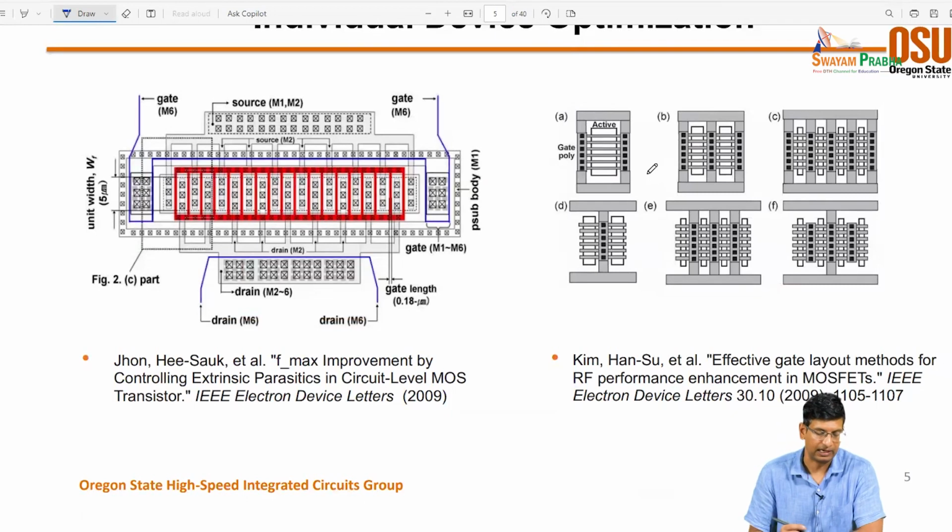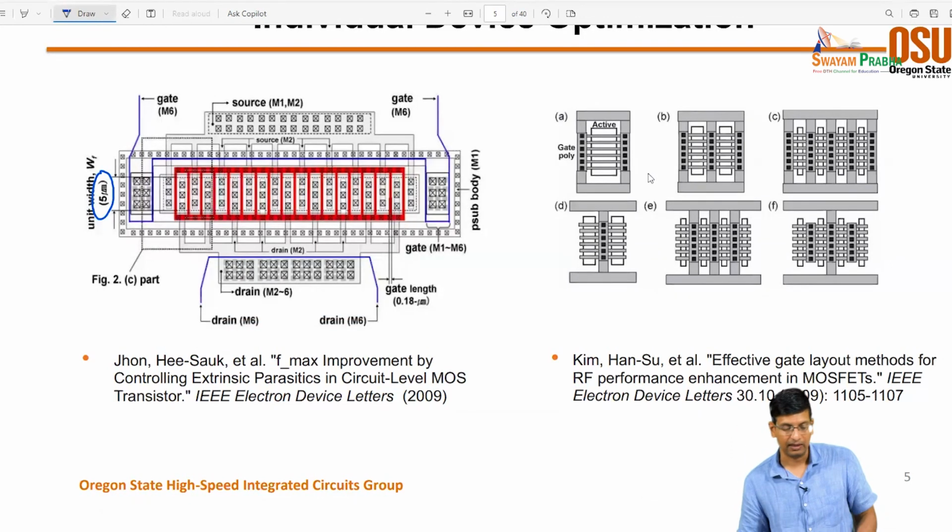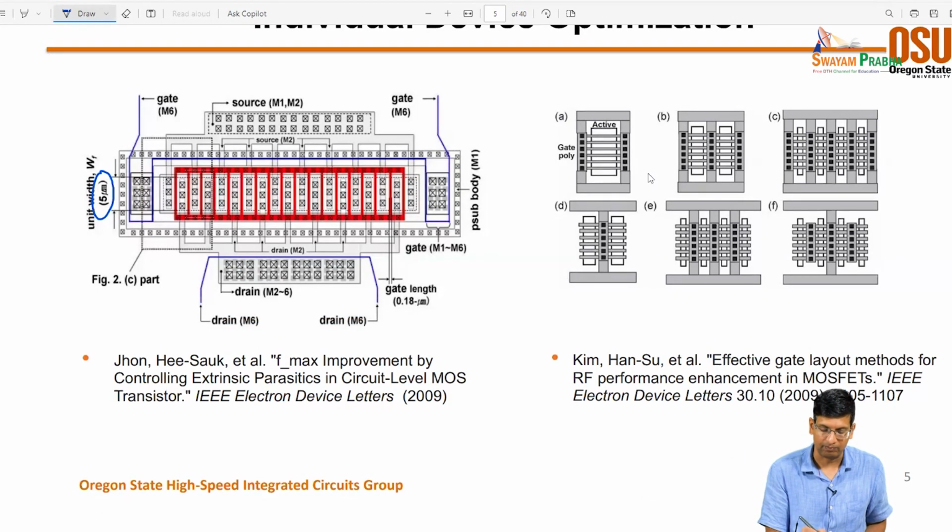So for example, shown here is, I mean, this is an older paper, but I included this to show the typical layout style. But basically, you try to minimize the gate resistance by doing double-sided gate contacts, not just one side, right?